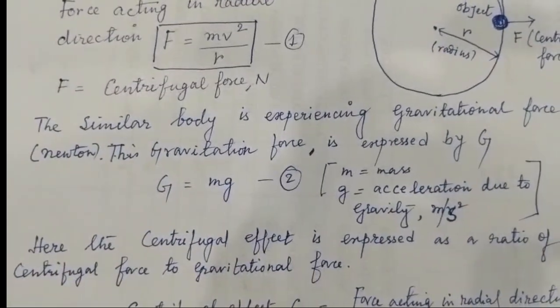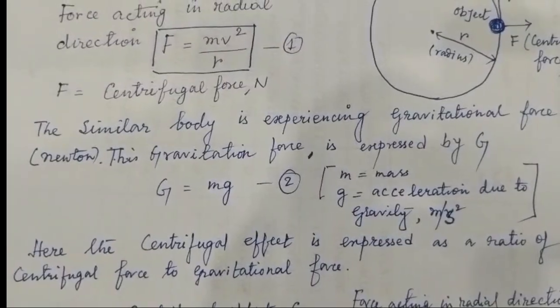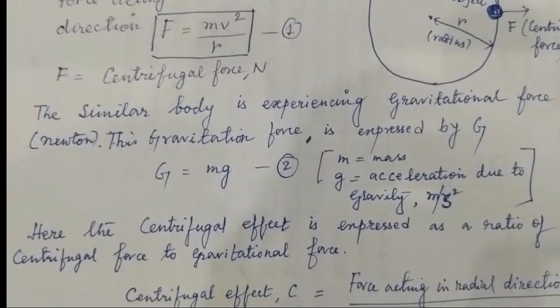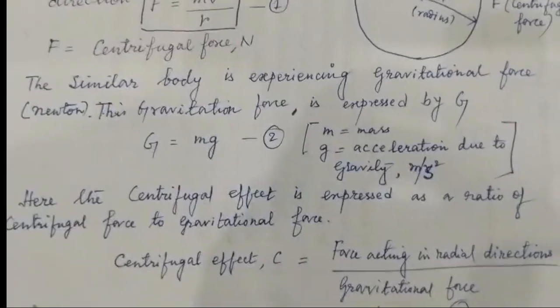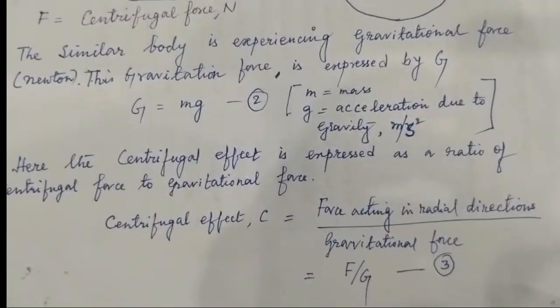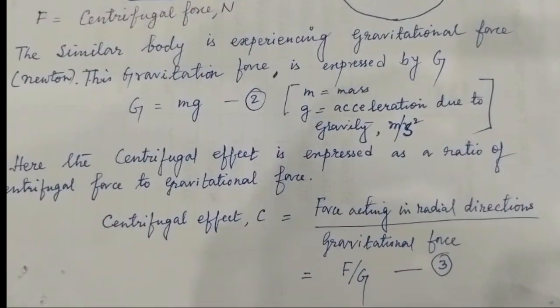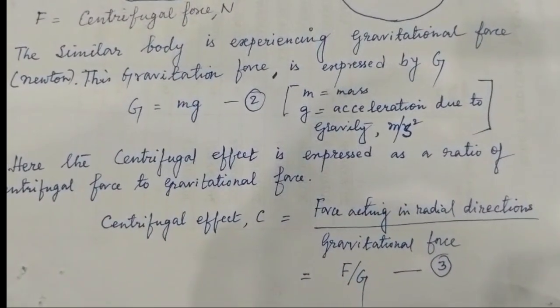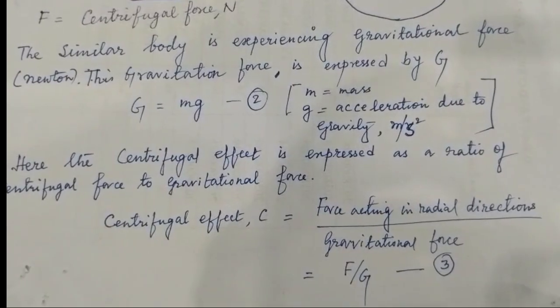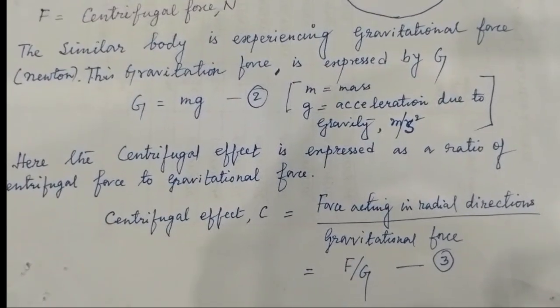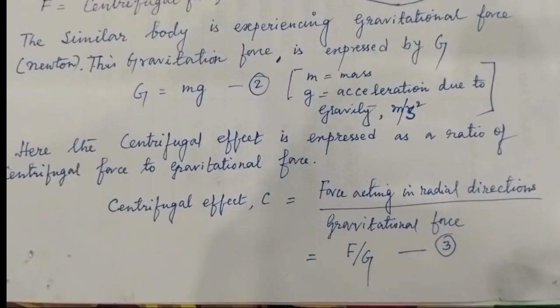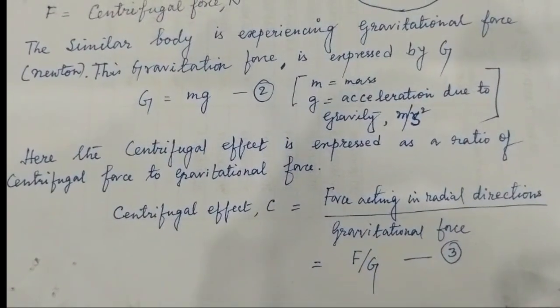Here the centrifugal effect is expressed as the ratio of the centrifugal force to the gravitational force, that is, the force acting in the radial direction divided by the gravitational force, capital F by G. That is equation number 3.